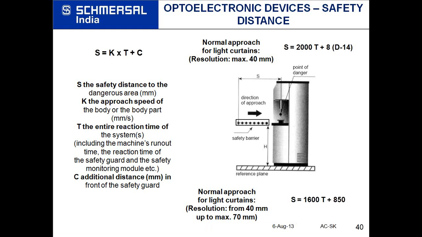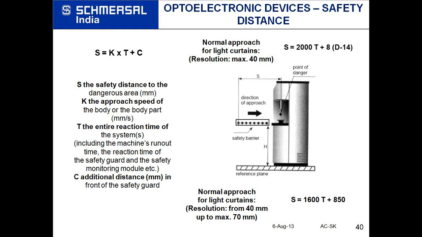Whether the approach is of a hand or a human body, the formula is different, but it is 2000 into T. T is the time, the entire reaction time of the system, meaning the time taken by the system to stop, plus 8 into D minus 14. If you can see on the lower hand side, we have also given another formula, which is plus 850.